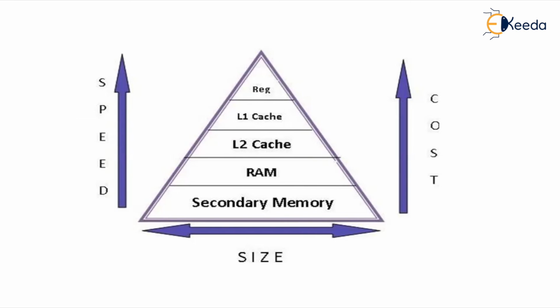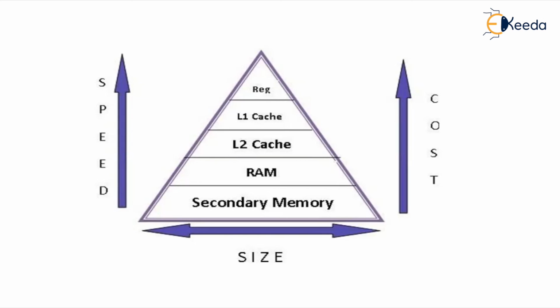It goes from bottom to top, and simultaneously, the size of the memory also shrinks. The maximum space used by the system is the secondary memory. The size of the secondary memory is very, very large. When it comes to RAM, the speed increases compared to the secondary memory, and the cost also increases a little.